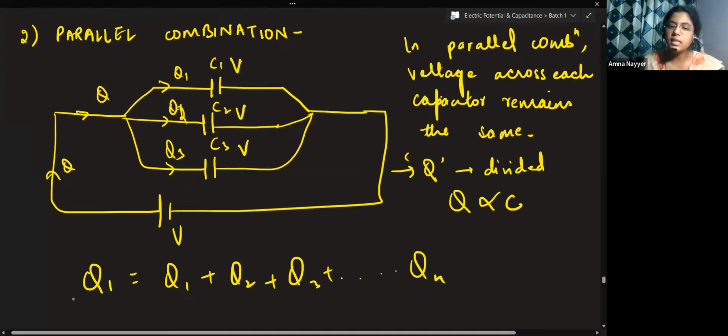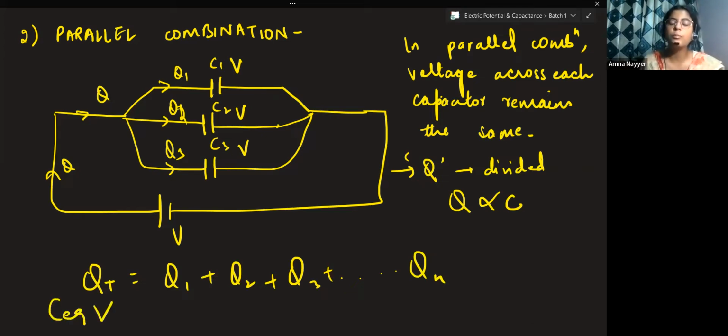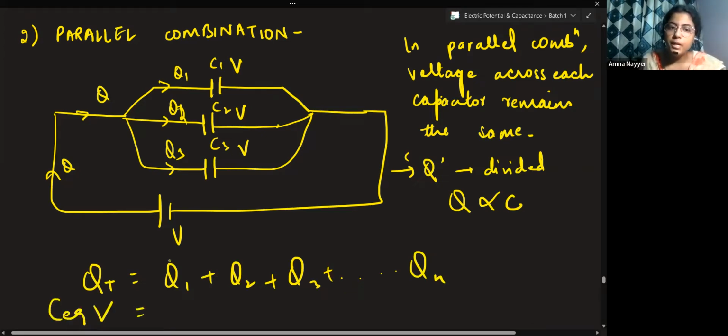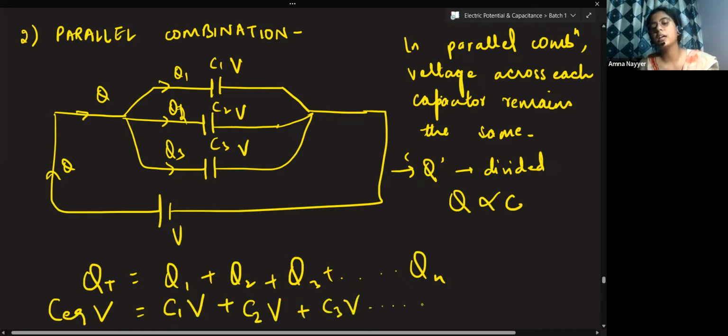Q is equal to CV. So total charge will be equal to total capacitance into total potential. Charge on the first one will be equal to capacitance of the first, potential is the same. Q2 will be equal to C2V, plus C3V, up till CnV.